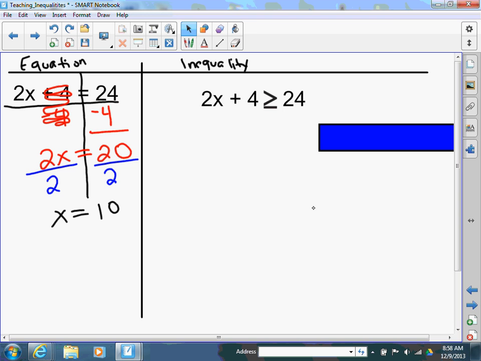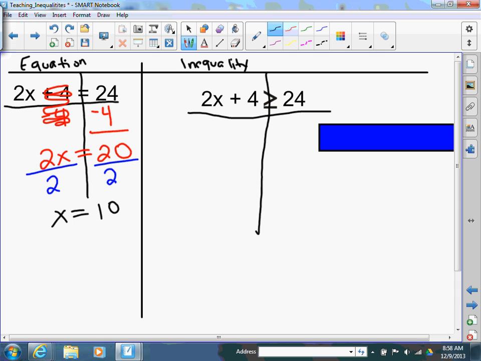Okay, you have it written down? Okay, let's draw our T. All right, where do I start? Okay, what's the opposite? Subtract 4.